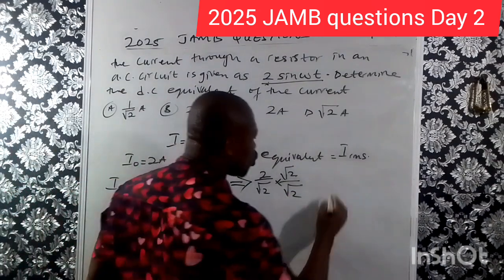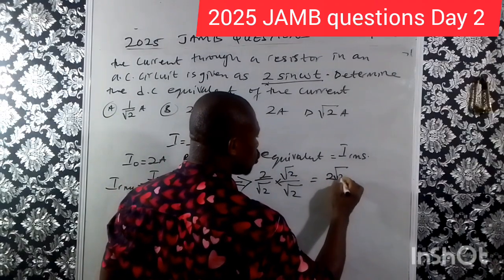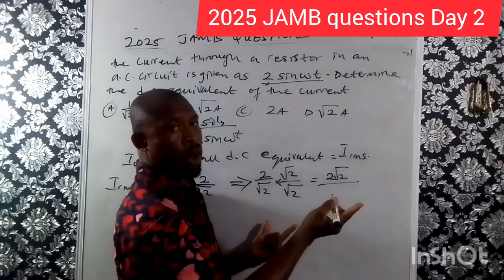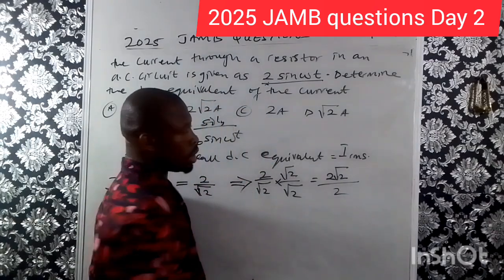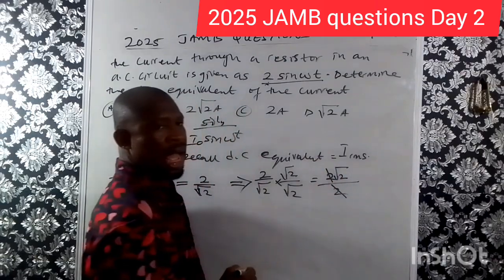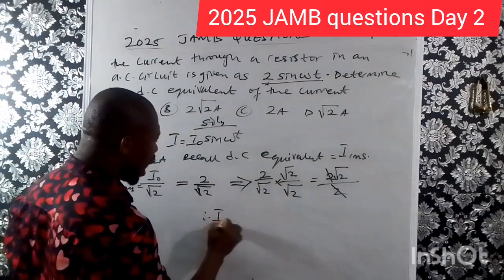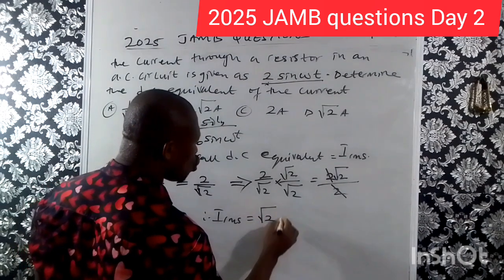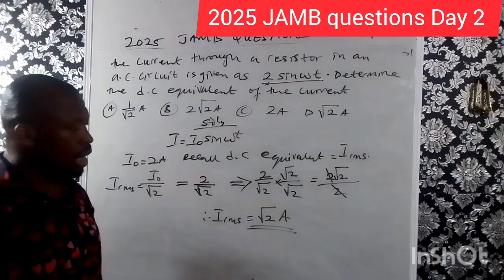When you do that, 2 times root 2 will give us 2 root 2, all over root 2 times root 2, which is root 4, and square root of 4 is 2. Now 2 can cancel 2, and we now have root 2 remaining. Therefore, IRMS is equal to square root of 2 ampere. So this is the correct answer option there.